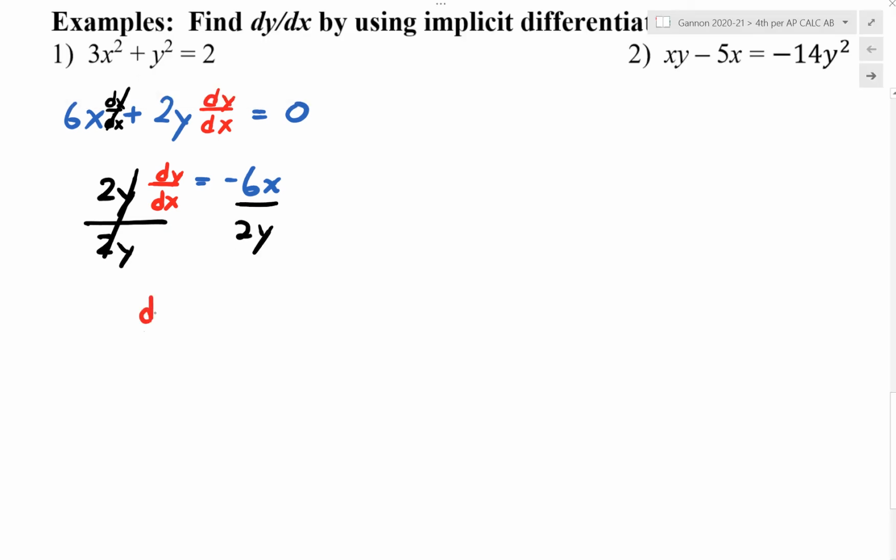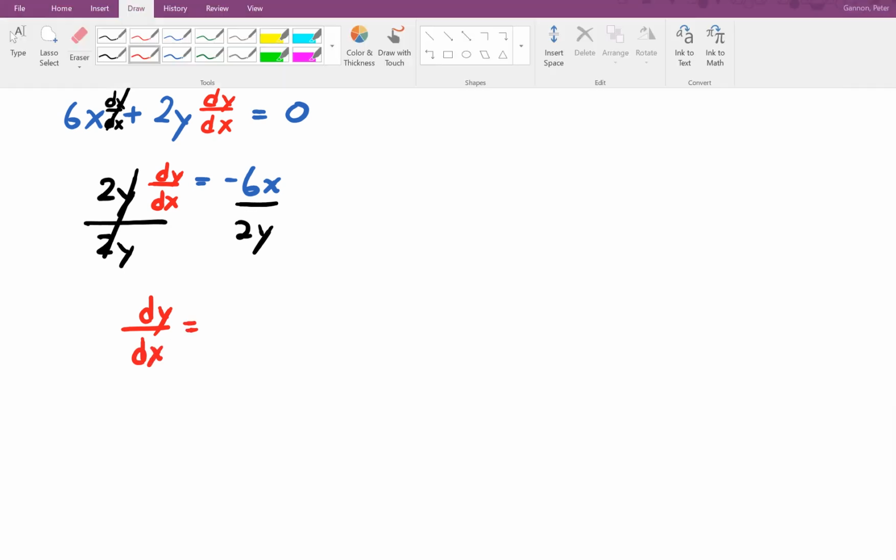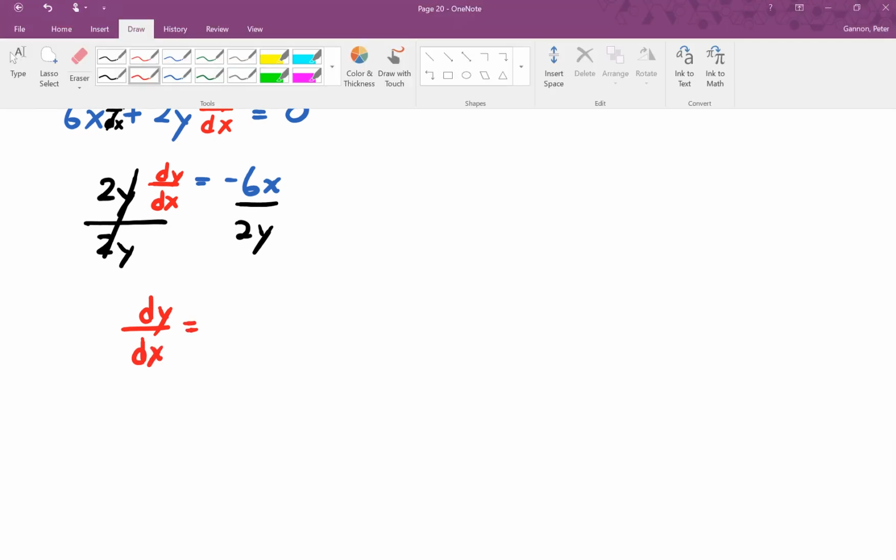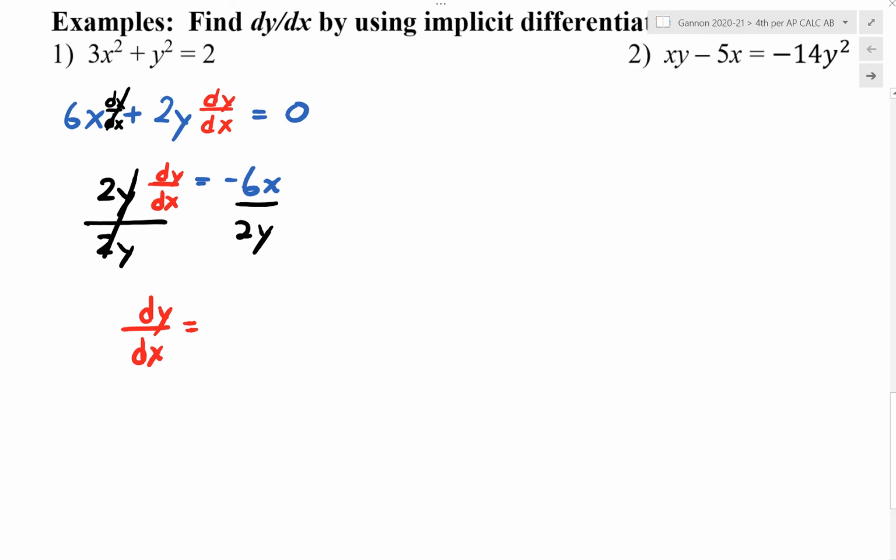We've now isolated dy dx. All we can do on the right-hand side is reduce. We have a negative divided by a positive, so we get a negative. That's going to be negative 3x over y. And that is the derivative of y with respect to x for that function.